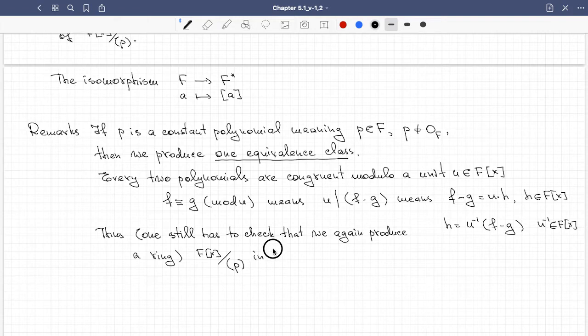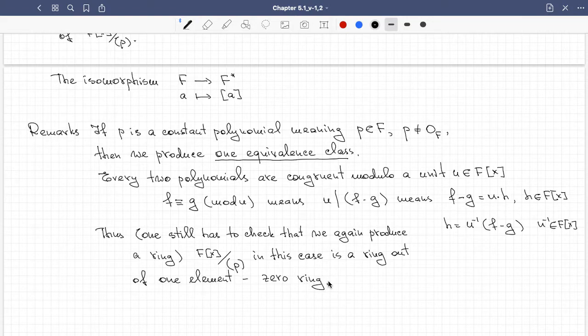In this case, it is a ring out of one element, one equivalence class, and this is the zero ring. So everything goes through, and we produce a zero ring here.